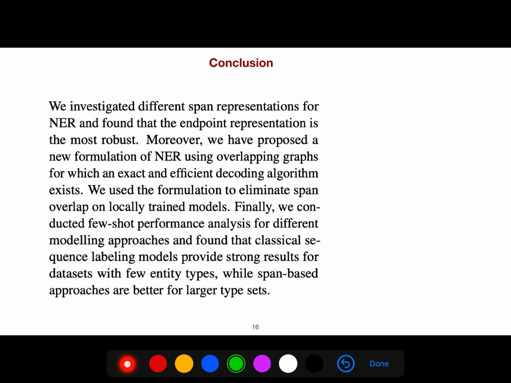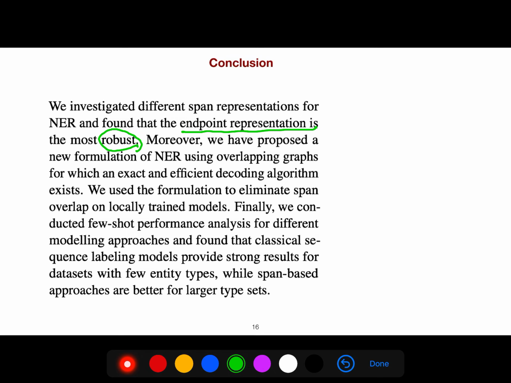So they investigated different span representations for named entity recognition and found that the endpoint representation is the most robust one. And they proposed a new formulation of NER using overlapping graphs for which an exact and efficient decoding algorithm exists. They used the formulation to eliminate span overlap on locally trained models.